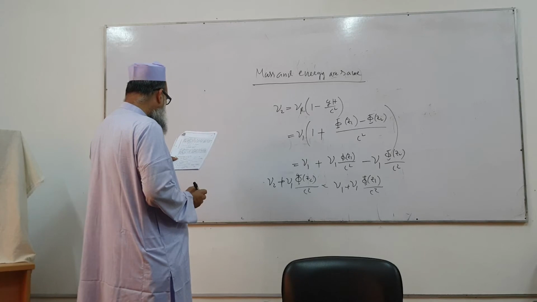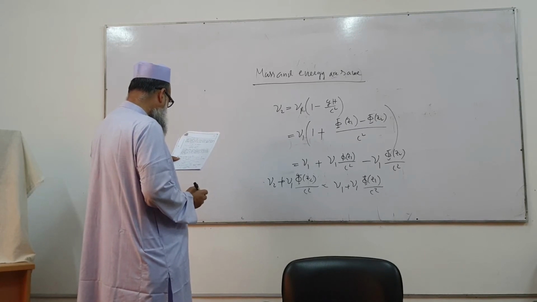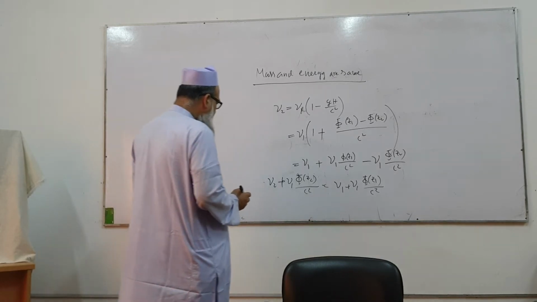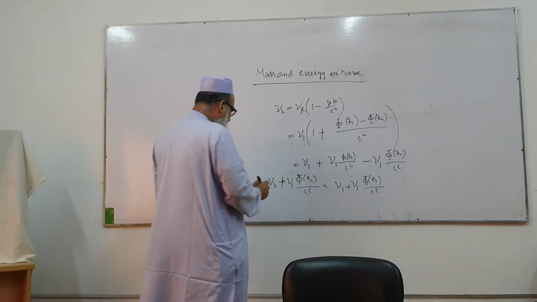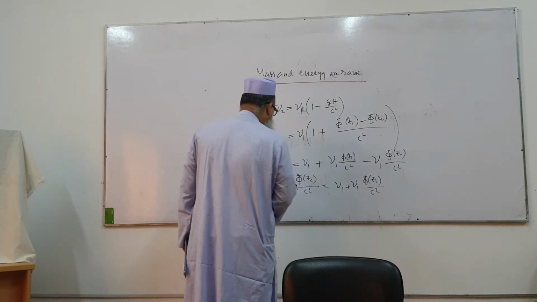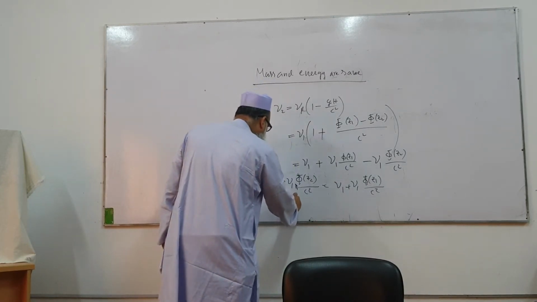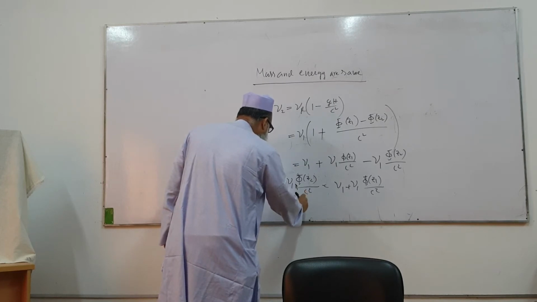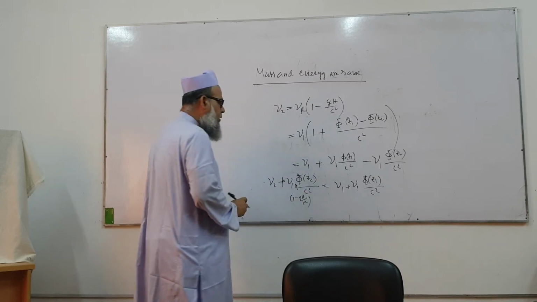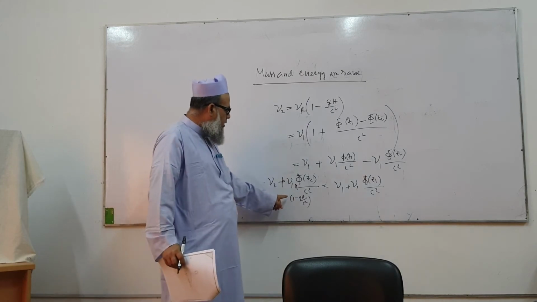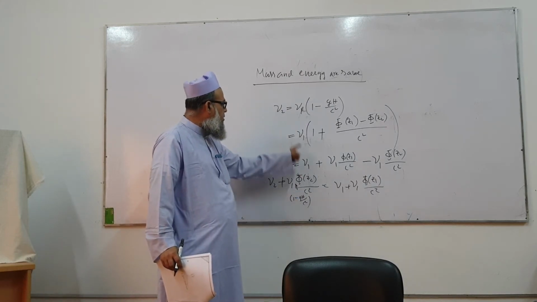Was it nu1 or nu0? Nu1. Okay. Now here insert a term 1 minus gh by c square. Then nu1 multiplied by 1 minus gh by c square is what? Nu2.